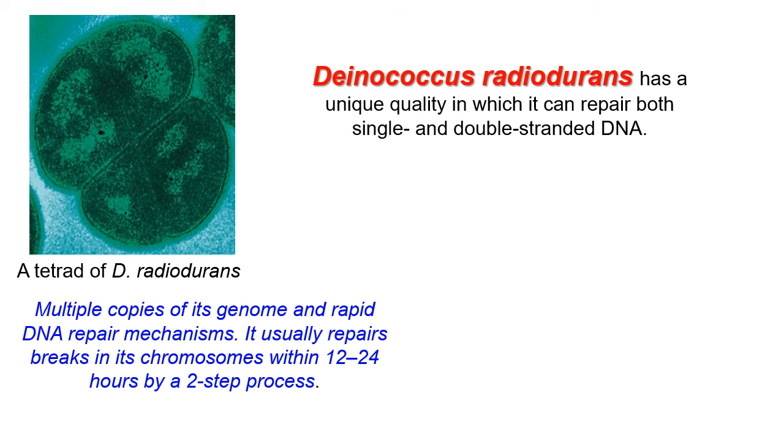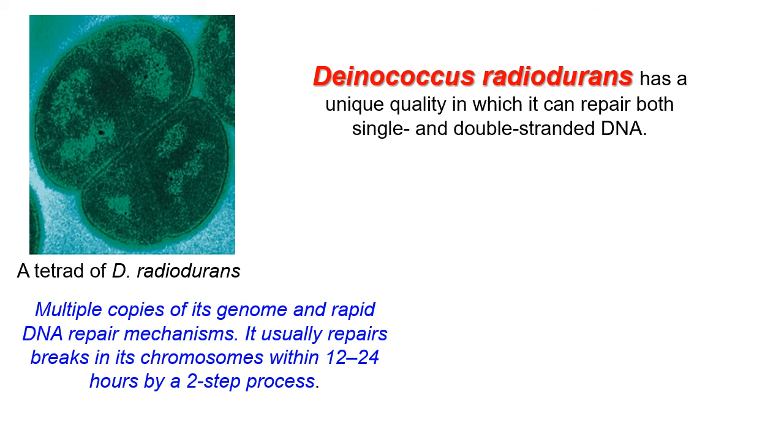Now, it's interesting that there are some living creatures, bacterial level, that can survive very high dosage of radiation, essentially can live in a nuclear reactor. It has a unique quality in which it can repair single and double-stranded DNA.